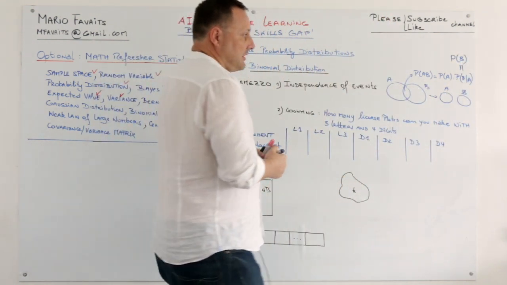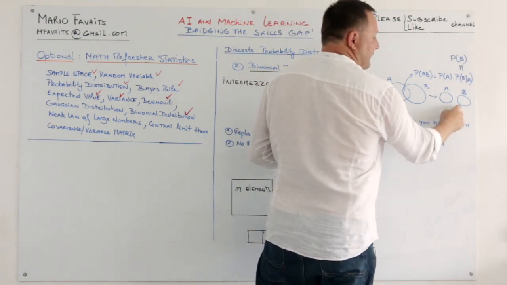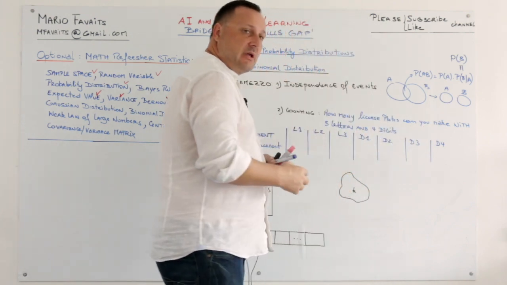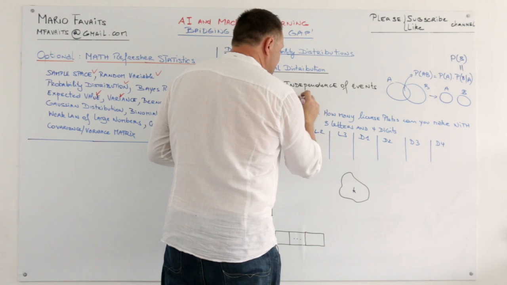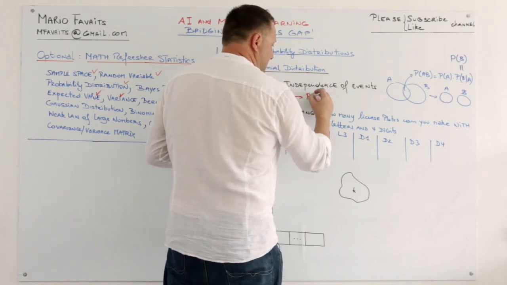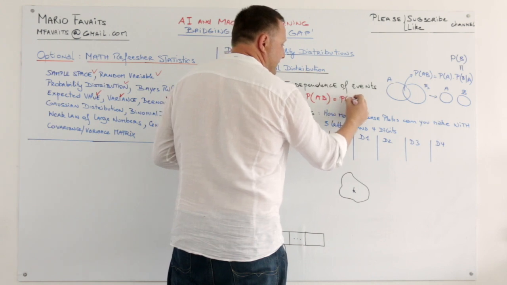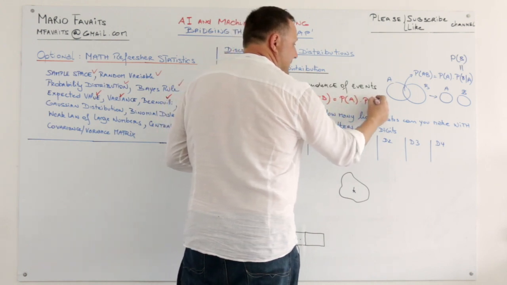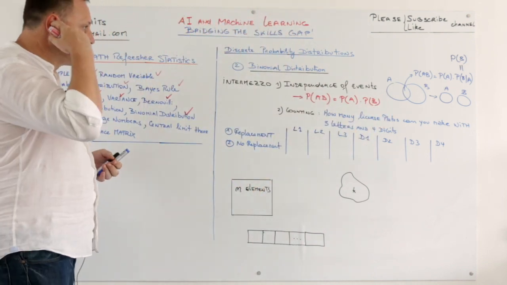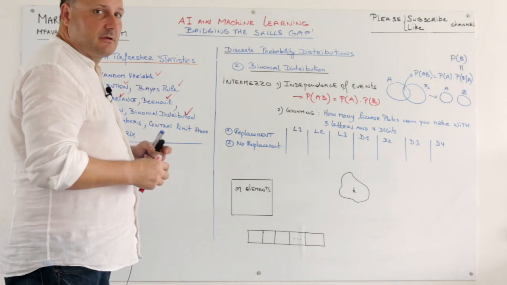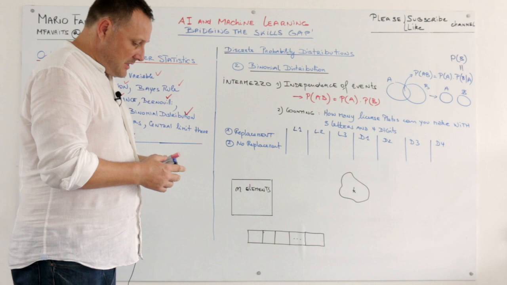So if these are not connected, whatever happens to A has no influence on B. So for independent events, the probability of AB equals the probability of A times the probability of B. This is when the events are independent of each other. It's also a rule we will use frequently.